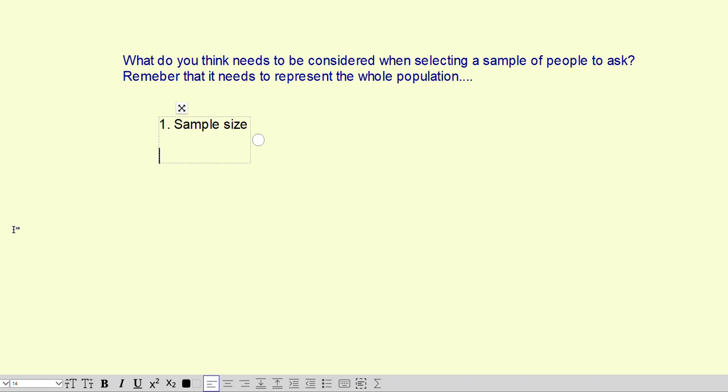The second one is asking a wide variety of different people, and you want to try and find a sampling method, a way of picking your sample, that has a way to represent the majority of the population, because we want to try and avoid bias.